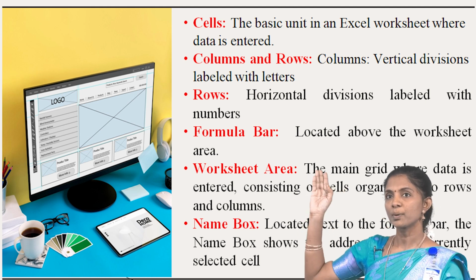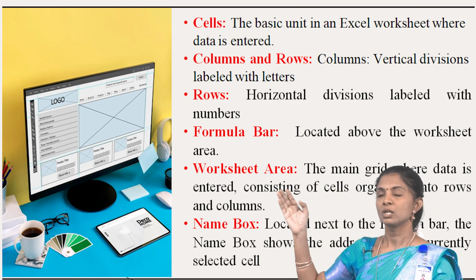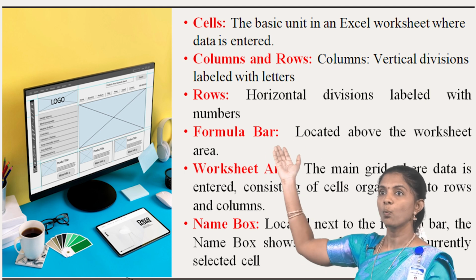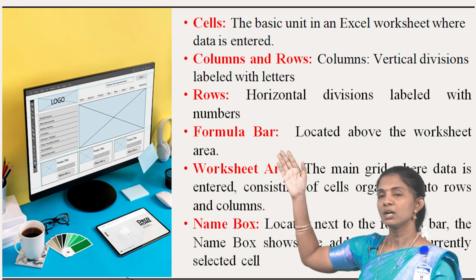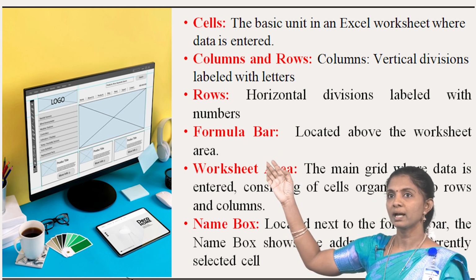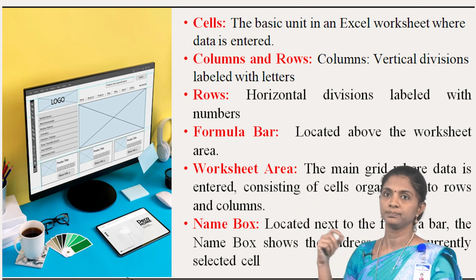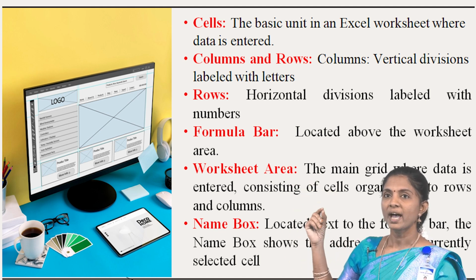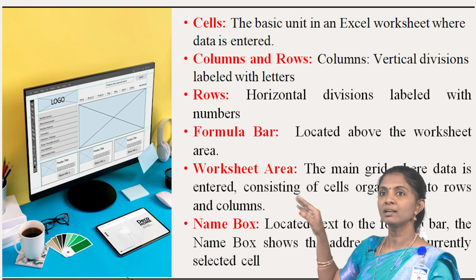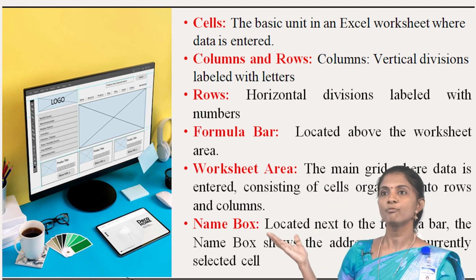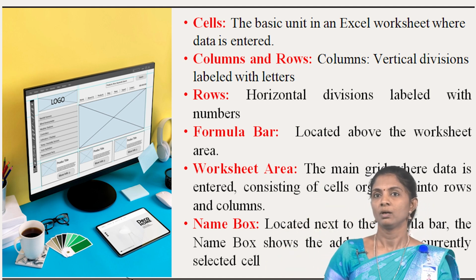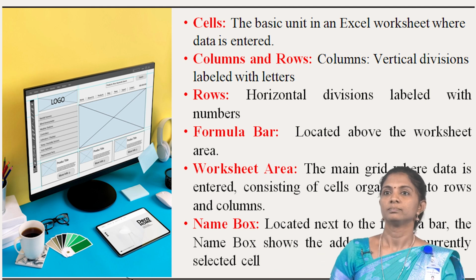Next one, formula bar. It is located above the worksheet area. The formula bar displays the content or formula of the active cell. It is where the user can enter or edit data or formulas. Worksheet area.